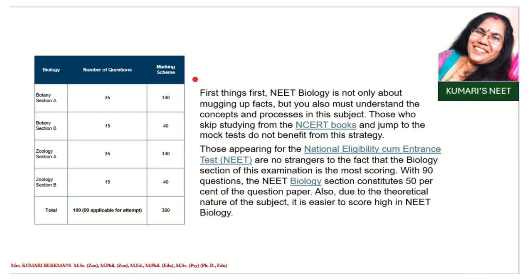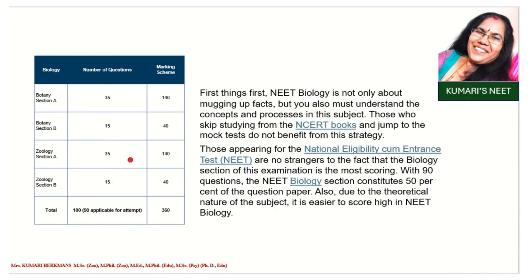Next, the patterns of questions and the proportions of the questions. In biological science, botany is divided into two sections, section A and section B, and zoology is again divided into section A and section B. In section A the number of questions is 35, and the marks allotted are 140. In section B of botany it is 15 questions, so 50 questions are from botany and 50 questions are from zoology.